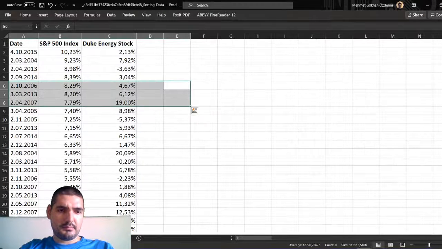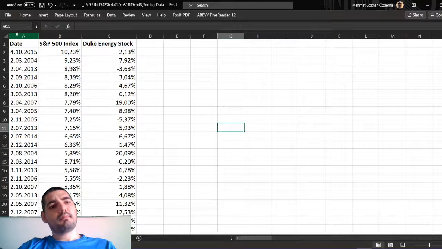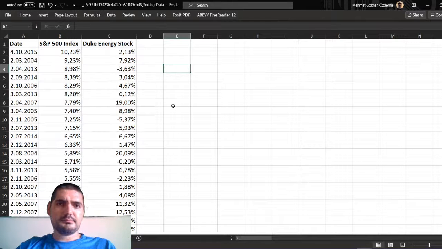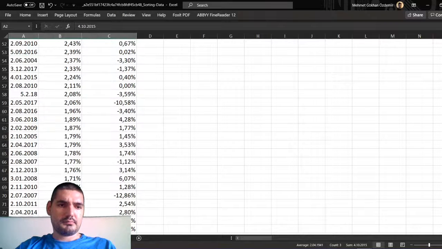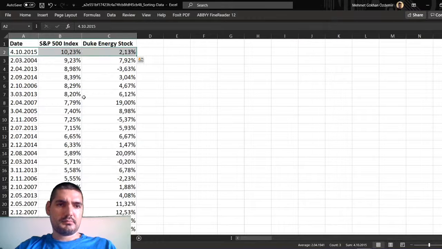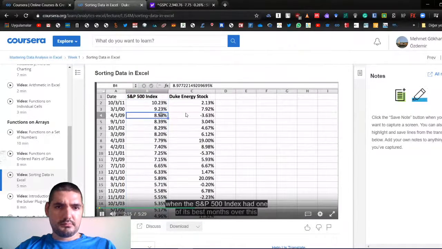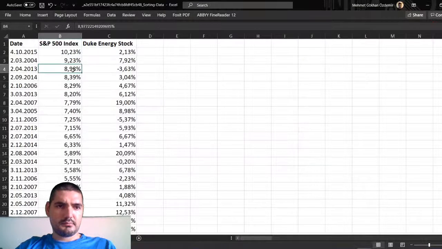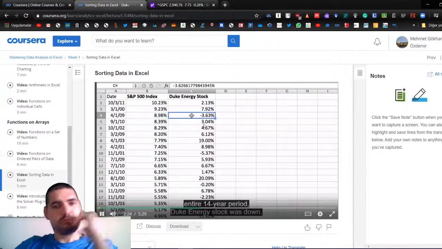Okay, so these are my best performing months for the S&P 500 index. And what you can see very quickly and easily is there's not a strong association between what's going on with the S&P and what's going on with Duke Energy stock. In fact, in April of 2009, when the S&P 500 index had one of its best months over this entire 14-year period, Duke Energy stock was down.